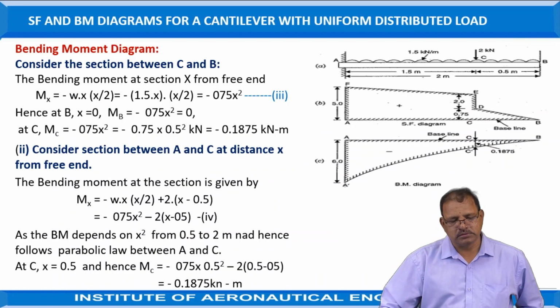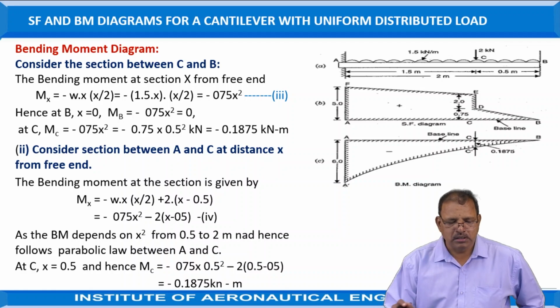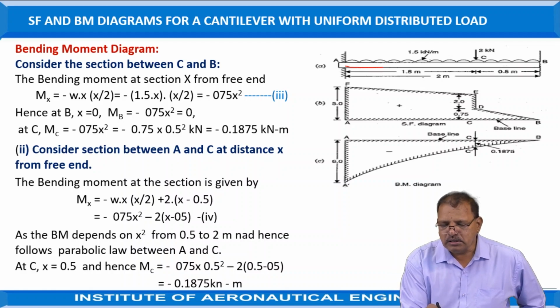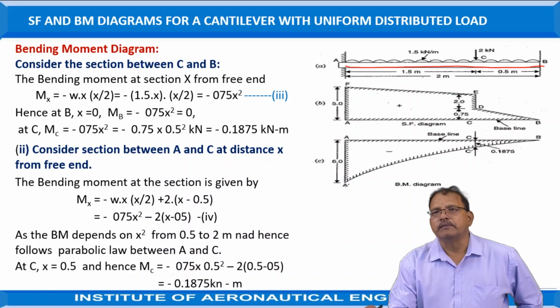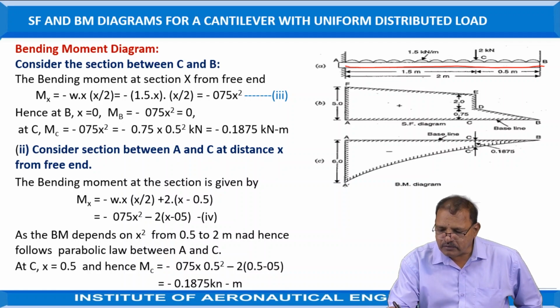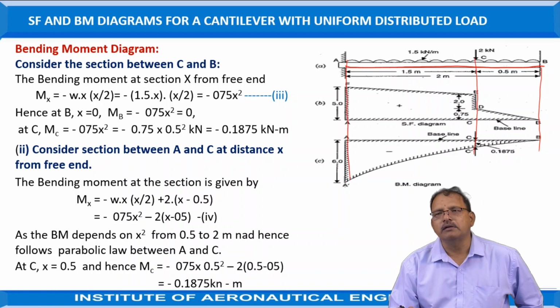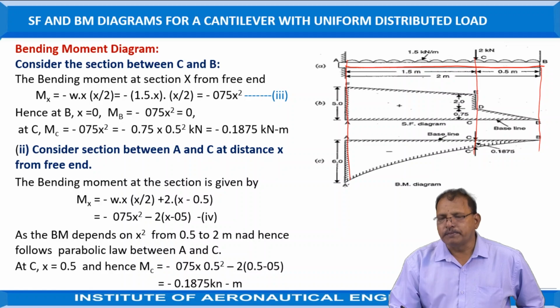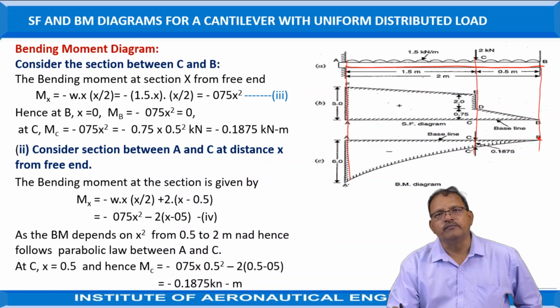Bending moment diagram. Again, draw the lines. This is nothing but representing the beam. Draw vertical lines from C, B, and A points as shown in the figure. As per our earlier discussion, the bending moment at B is always 0 at the free end.